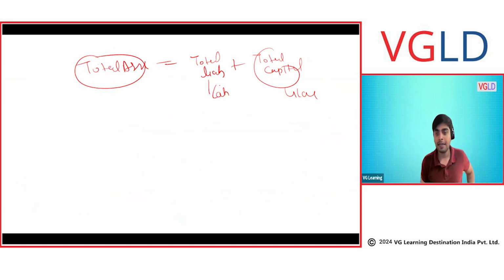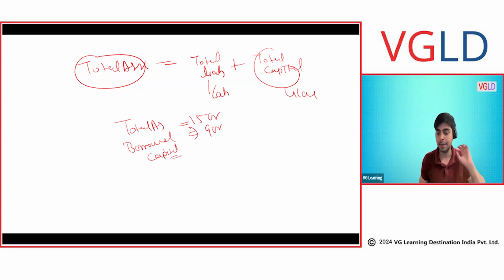Now, let's say I have total assets of 15 crore, and I have used people's money of let's say 9 crore. Now, Ritika, only you tell me how much would be the capital. Other people can answer me directly in my message. Ritika, please tell me. That will tell me whether you have understood the concept or not.